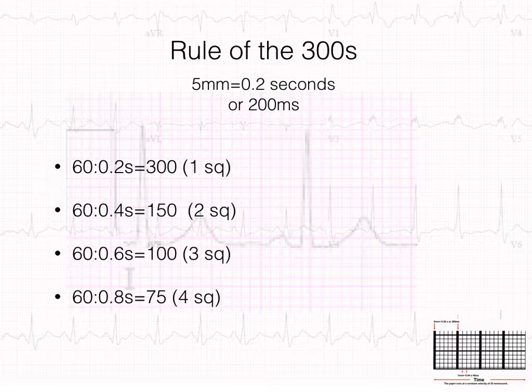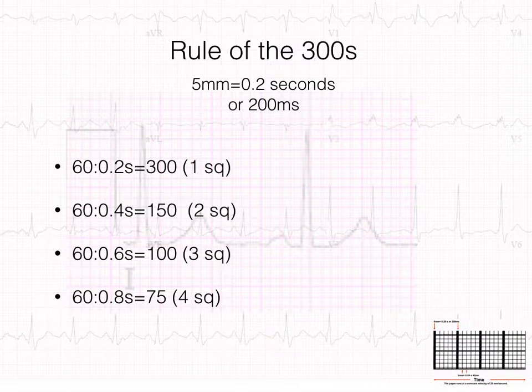For example, the heart rate. If we calculate in between two R's, 1 square equals 0.2 seconds, so 60 divided by 0.2 seconds equals 300. So if the distance between the events is 1 square, the rate will be 300.